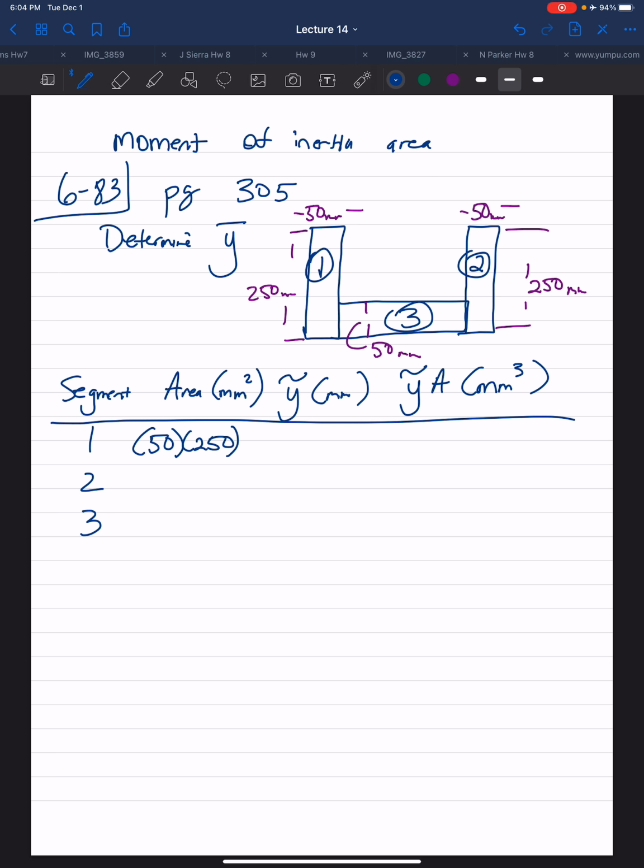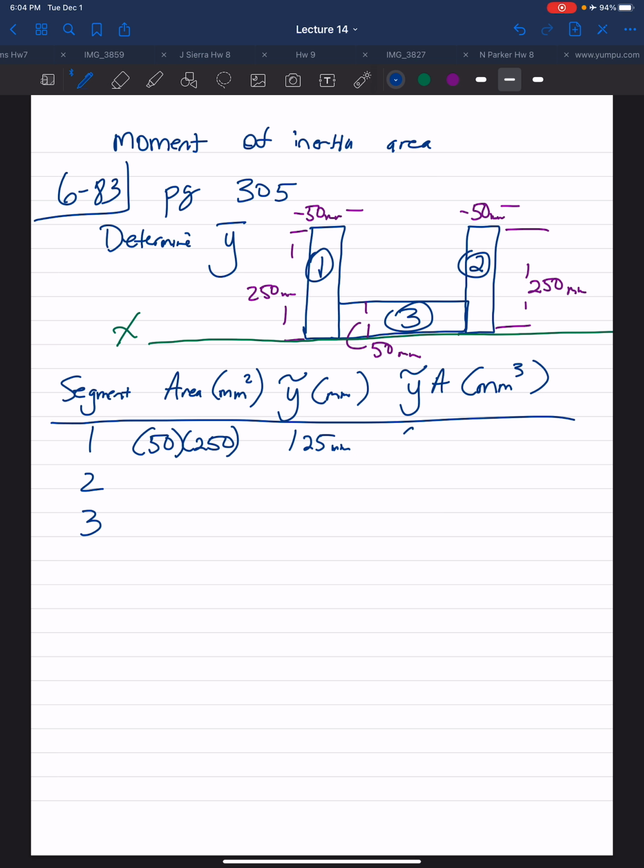The location of the centroid for segment 1, with this being a rectangle and using our Appendix B tools, and with this being our x-axis, going upwards, would be half of 250, because the centroid of a rectangle, according to Appendix B, is directly in the center. So this would be 125 millimeters, the coordinate of the centroid in the y direction for segment 1.